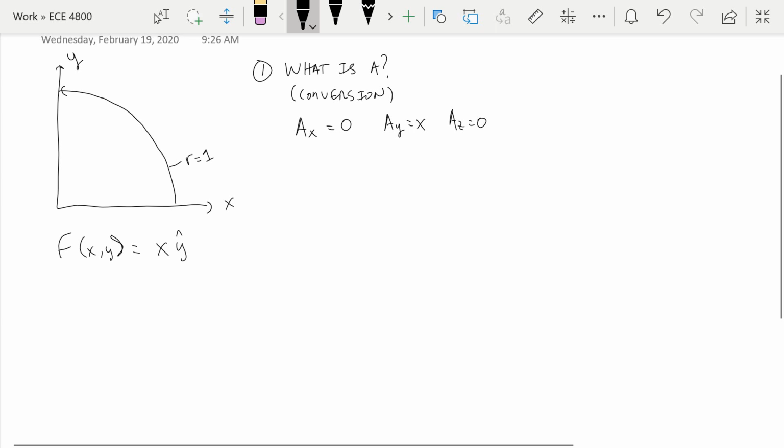The way we do that is we're going to use the formulas that I showed you earlier. So A_r is equal to A_x cosine of phi plus A_y sine of phi. Since A_x is equal to 0, this term goes away, and you're just left with A_y sine of phi.